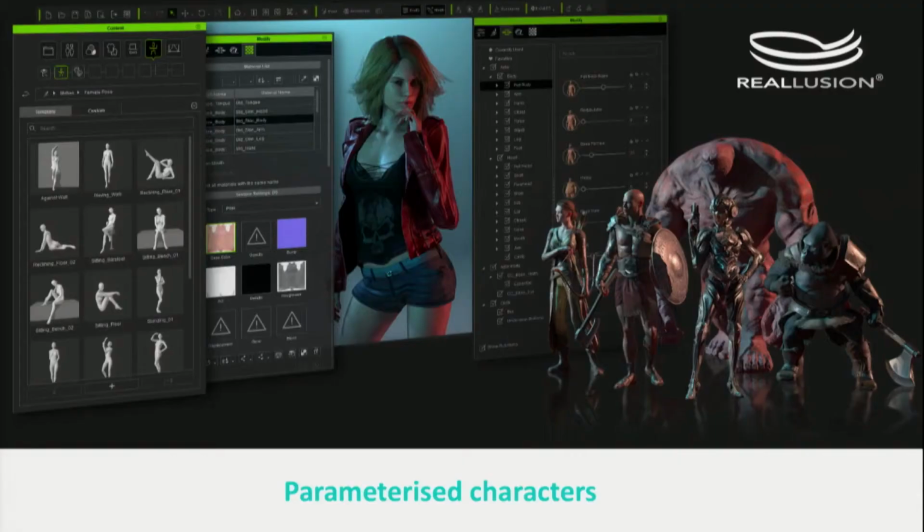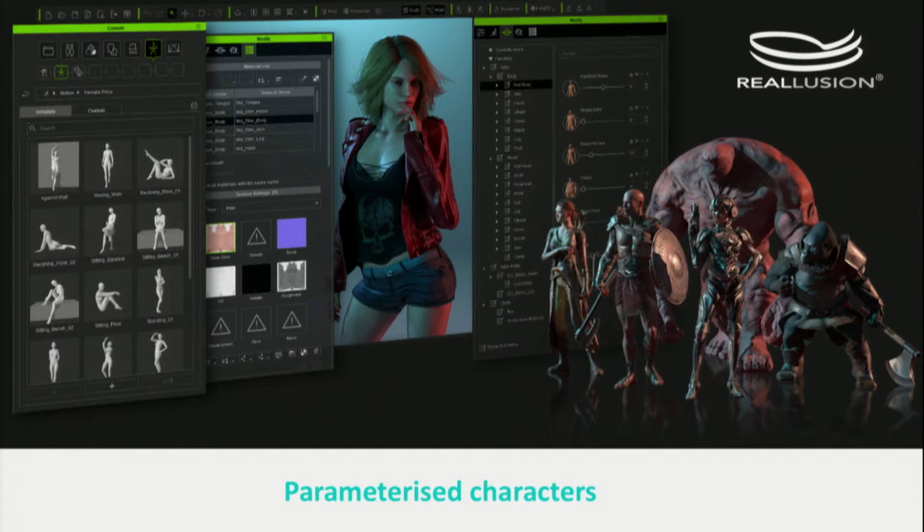In terms of production, there were some good talks this morning about the challenges. We've had a lot of success with Real Illusion. It's a parameterized character builder, so it lets you quickly create your own avatar. That avatar is already rigged, and then we have a full IK system. We have trackers for the shins, the hands, and the head, and that's enough for us to drive these characters pretty successfully using a range of motion.